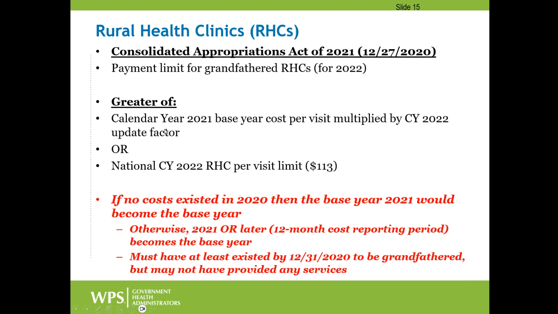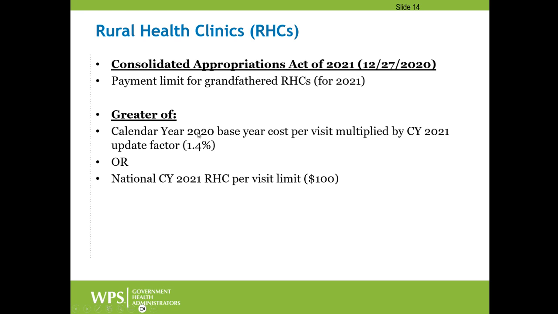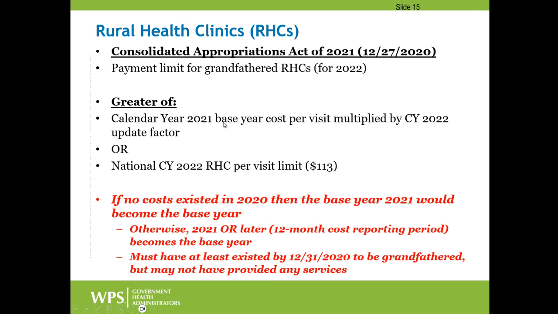So we would look at the calendar year 2021 base year cost per visit. Again, we originally used 2020, now we'd be using 2021, multiplying it by the calendar year 22 update factor to get it to the next year, so that we can compare it again to the national calendar year 2022 RHC per visit limit and see which one is higher. That's the payment limit for that next year.